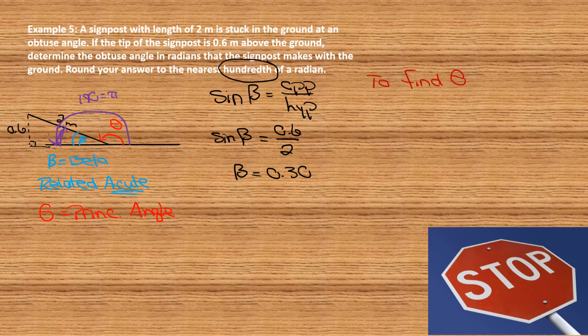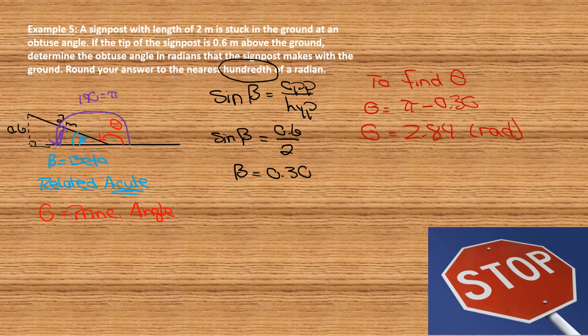So to find theta, theta is going to equal pi subtract our beta angle, 0.30. So our theta angle is 2.84, and that is, of course, in radians, not in degrees.